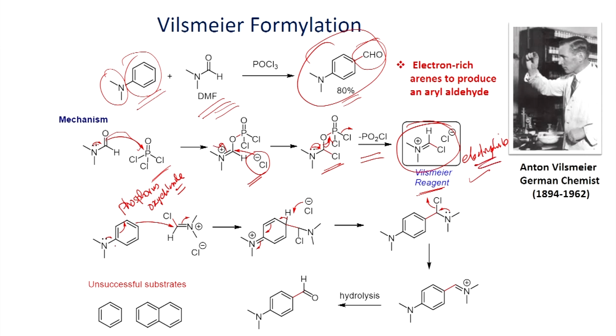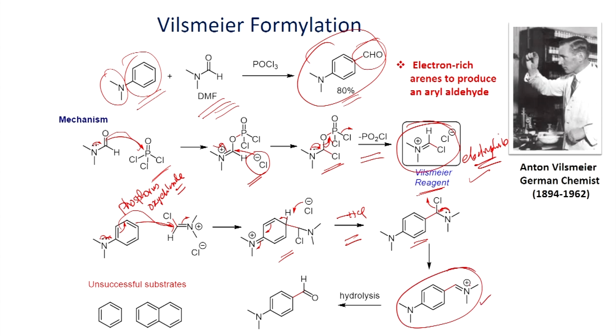Once you have this, the aromatic ring can undergo reaction with this salt to give this addition product. Once you form this ammonium ion intermediate, it can now react with Cl minus to give this intermediate, which can now convert into this iminium ion, as you can see here.